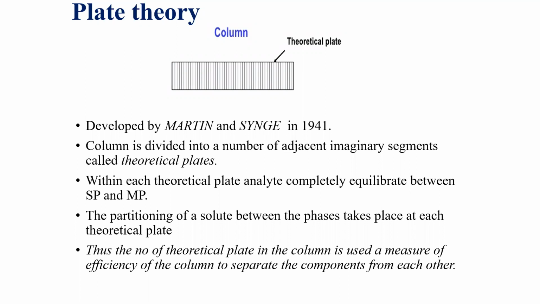Within each theoretical plate, the analyte completely equilibrates between the stationary phase and the mobile phase. The partitioning of a solute between the two phases takes place at each theoretical plate. Thus, the number of theoretical plates in the column is used to measure the efficiency of the column to separate the components from each other.